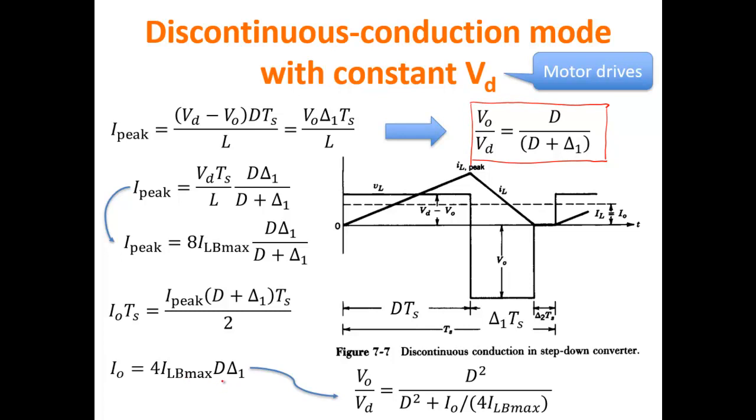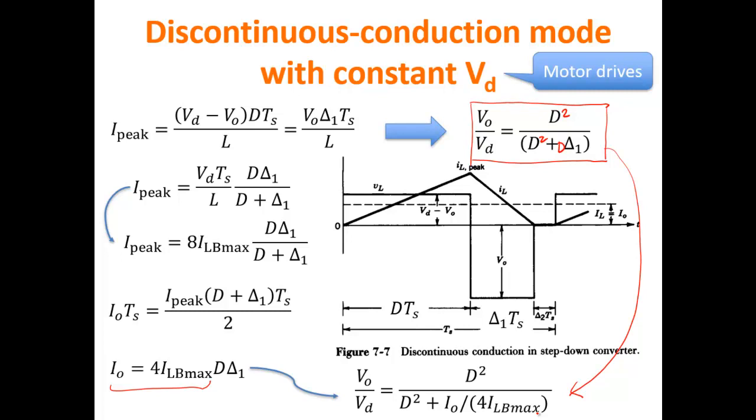And then here I have only delta 1, but the easy part is that I can multiply everything by d. And then you see, I can go from here to here. I have delta d to the second power at the numerator. And at the denominator, I have d to the second power plus, instead of d times delta 1, I can put IO over 4 ILB max.